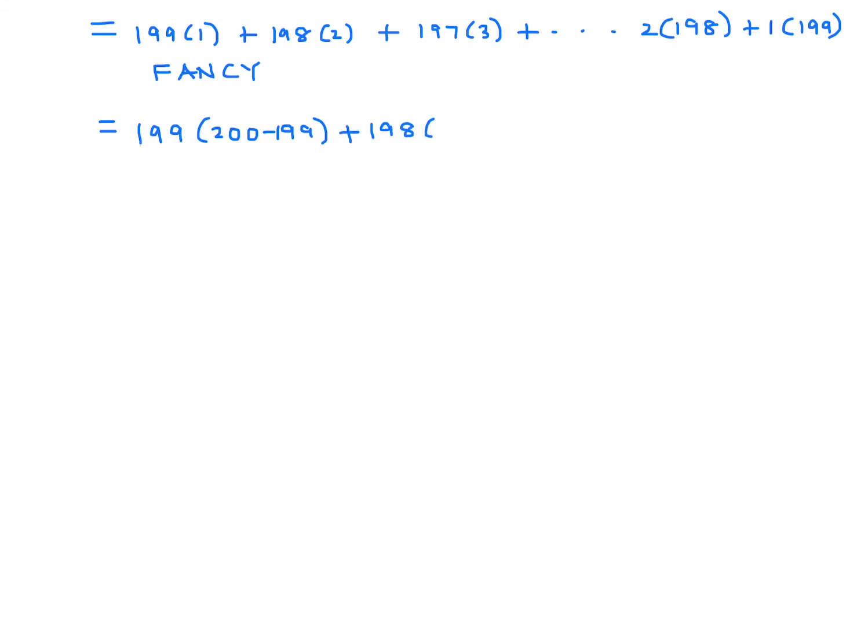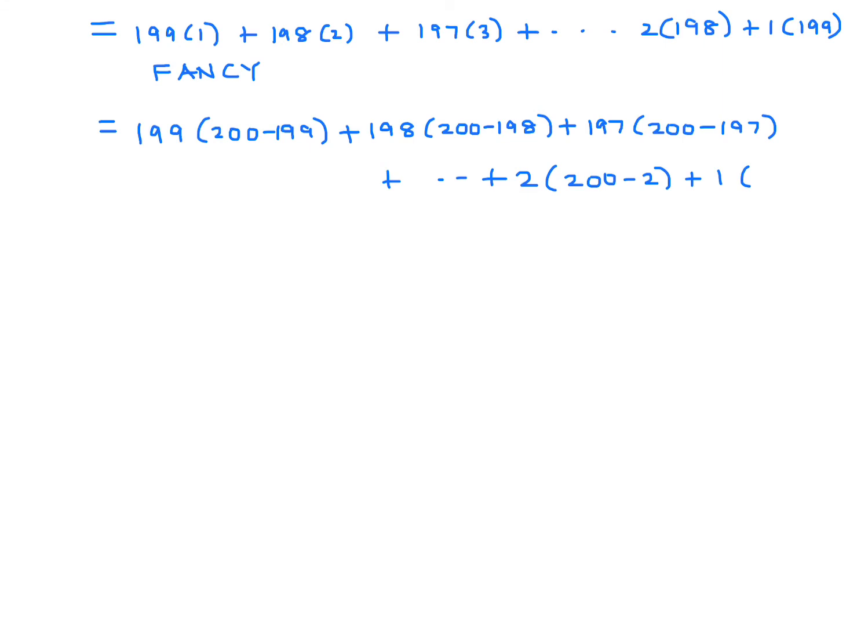The next one is 198 times 2, but instead of writing 2, I'll write 200 minus 198. And similarly, the next one is 197 times 3, but instead of 3, I'll write 200 minus 197. And then this keeps on going, dot, dot, dot. And the very last one is 2 times 198, but instead of 198, I'll write 200 minus 2.